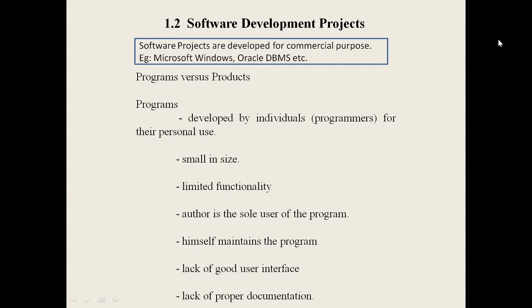As a computer science student, you may know the difference between a program and a product. Programs are short, small codings that you may do in your assignments or for your practical purposes, for knowing something about that programming language.